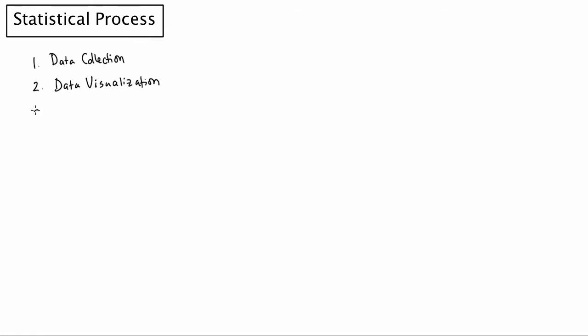The third part, and this is what most people call statistics, is the actual statistical analysis. And this is things like looking at the quantitative properties of a data set, things like measuring where the center of the data is, that's mean, median, mode.